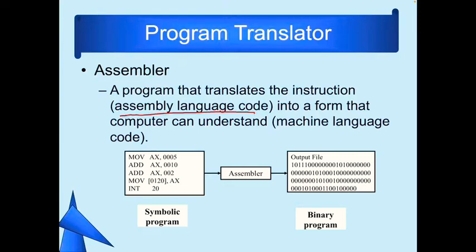Just binary, 1010. So if you are doing coding, this is an example of coding in assembler language, and then this assembler converts what you are doing here in program into binary.